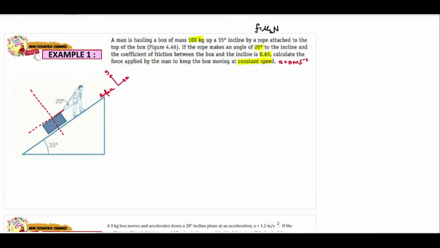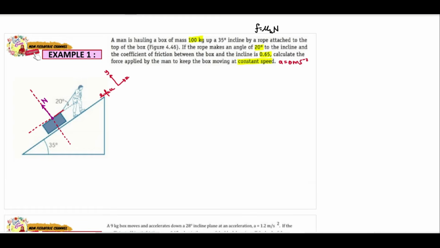Ingat ya, free body diagram untuk inclined plane. Bila soalan minta kita lukis free body diagram, jangan pusingkan X and Y axis. Diagram kita tu jangan pusingkan. Okay, so sekarang kita ada force apa? Tentunya yang pertama, so we have normal force. Sebab objek itu ada contact dengan surface. So normal force is going upward.